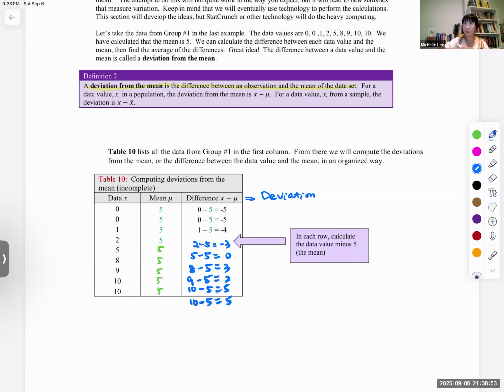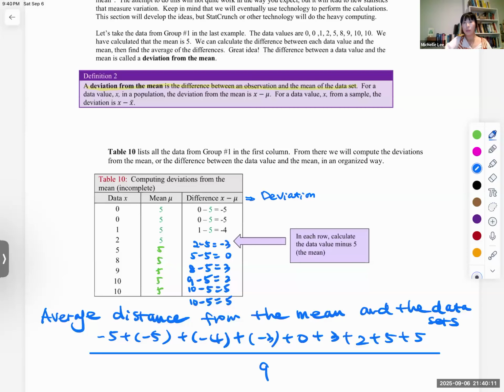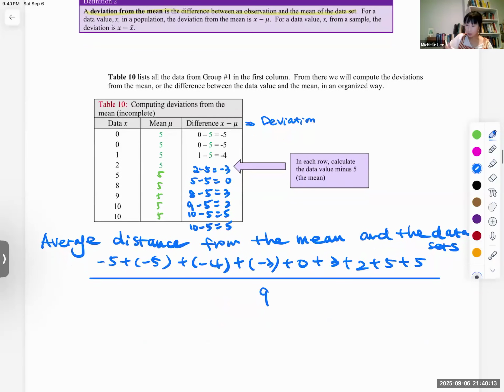So let me write down: we add everything up and divide by how many data points? 9, right? So we add everything up, divide by 9, what do you get? Can you calculate? Someone got this one? What did you have?